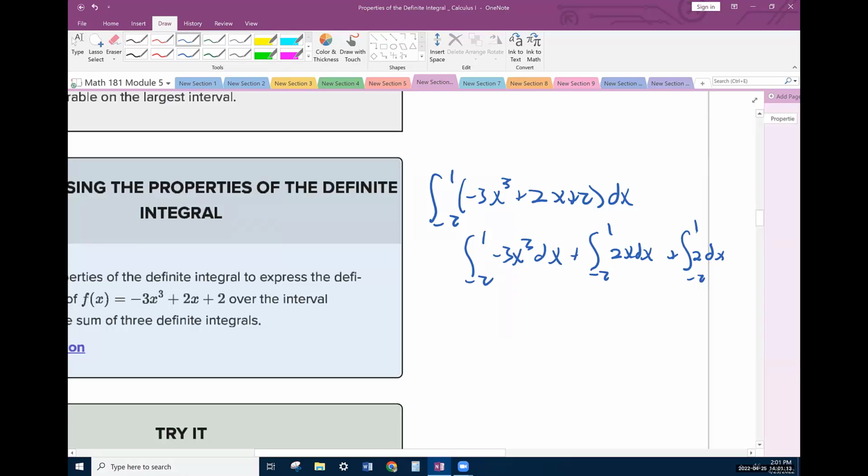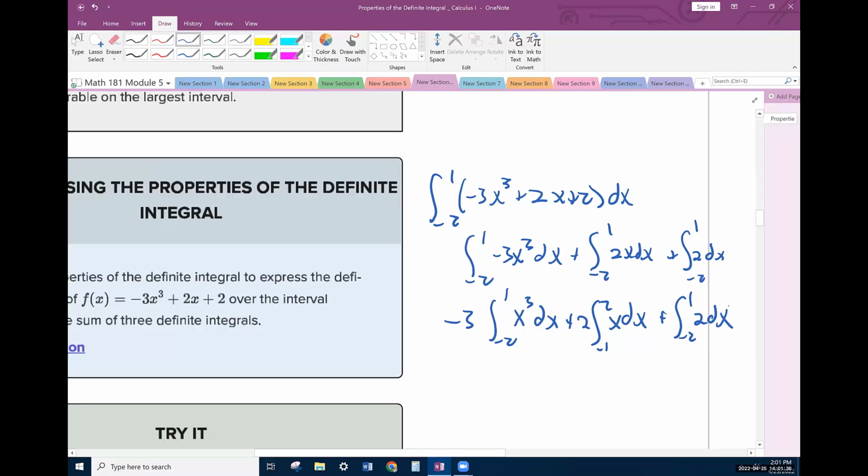And we can pull the coefficients out, that was number 5. So it'd be -3 times the integral from -2 to 1 of x cubed dx, plus 2 times the integral from -2 to 1 of x dx, plus the integral from -2 to 1 of 2 dx.